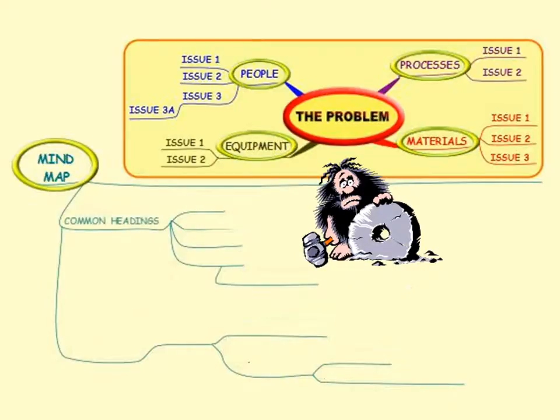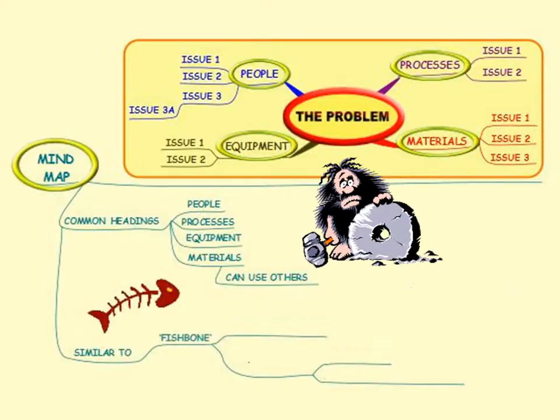So this process uses common headings of people, processes, equipment and materials to try and identify the problem of Fred's failure to make a wheel out of the stone. Depending on the problem that you've got, of course, you can use other headings, but these are quite common ones and will work quite often.